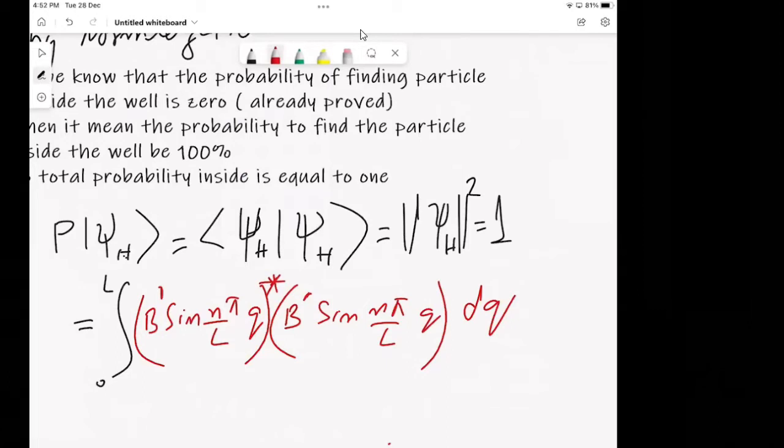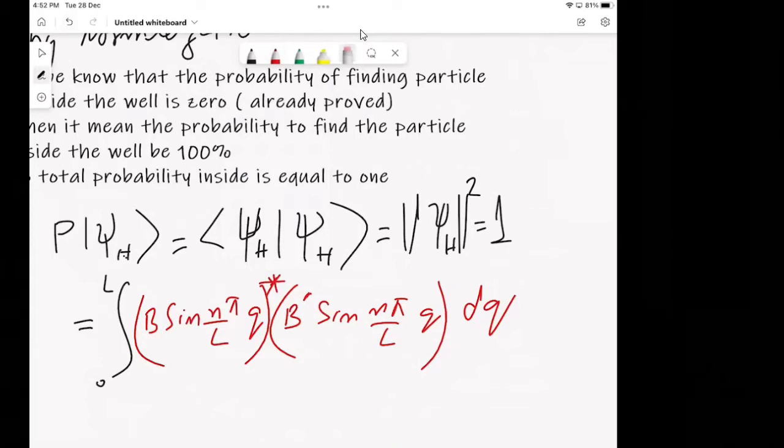So B prime may be a complex number. B prime may be a complex number, and sine n pi q, all remaining are real. Only B prime may be a complex number.